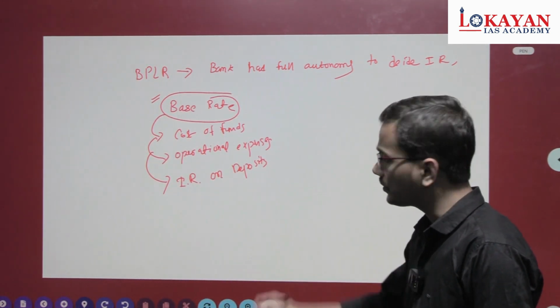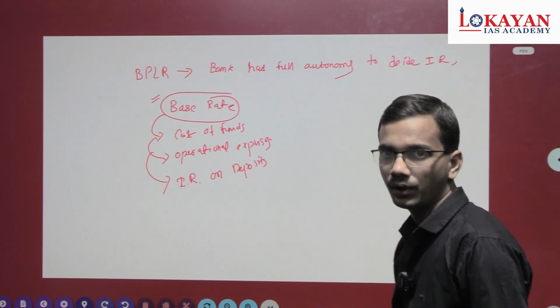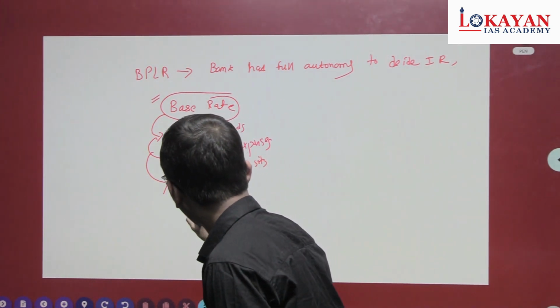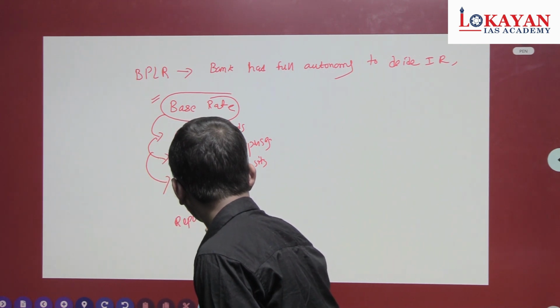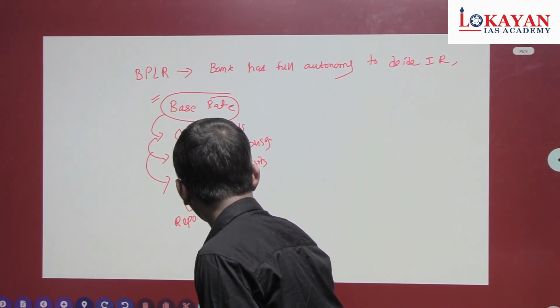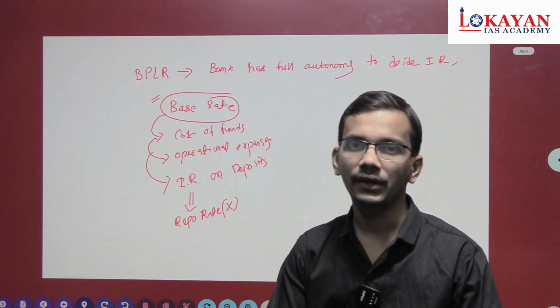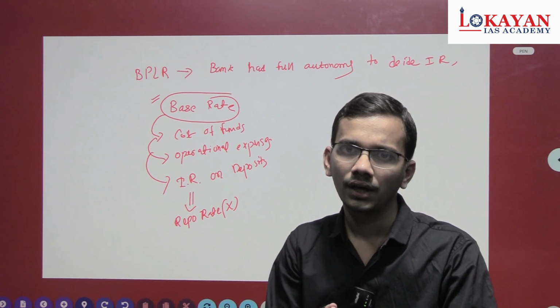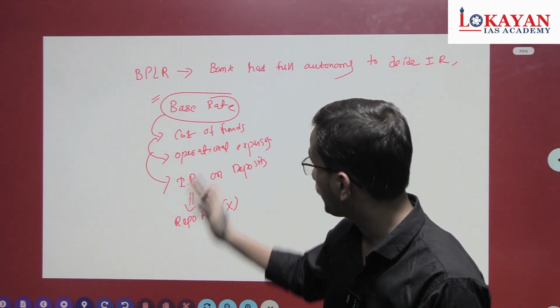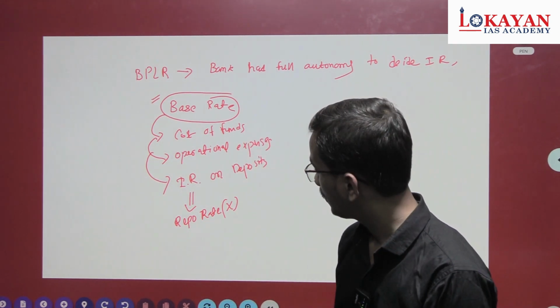Now there were deficiencies in this system also, because it didn't consider repo rate. So whenever RBI used to reduce repo rate or increase repo rate, there wasn't any significant effect on the base rate.